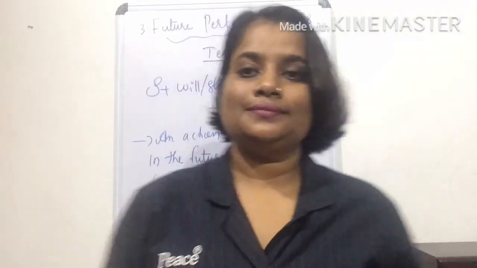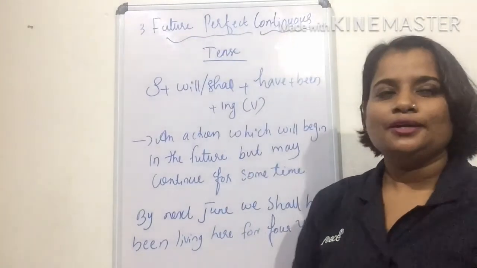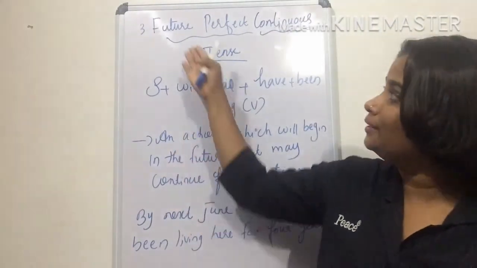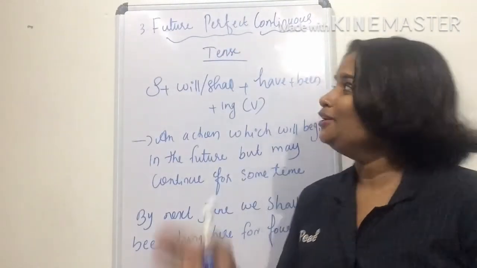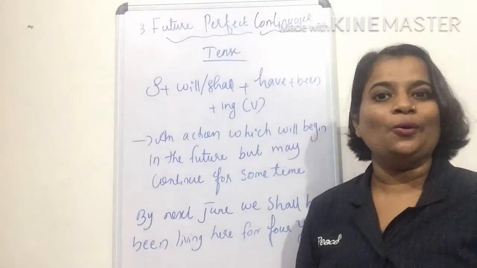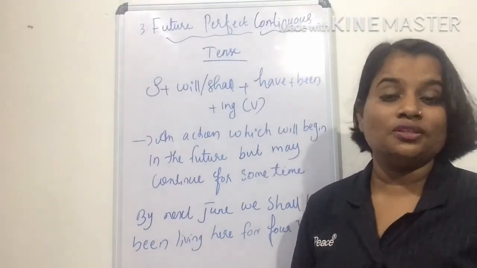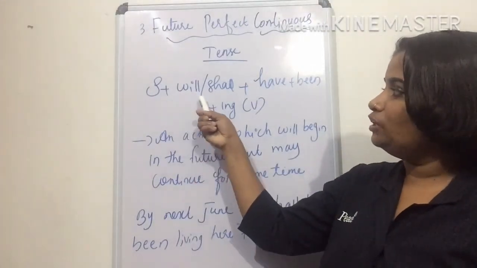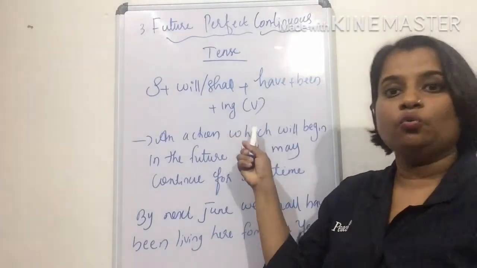Next one is future perfect continuous tense. Normally we have 12 tenses in English, including future perfect continuous tense, but we are not using future perfect continuous tense commonly. I am just giving the explanation over here, what is the structure and the uses. Subject plus will or shall plus have plus been plus ing form of the verb.